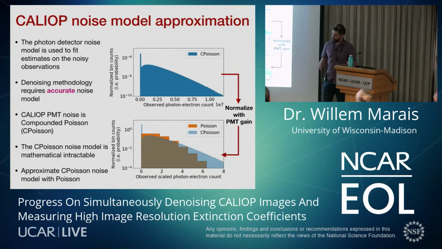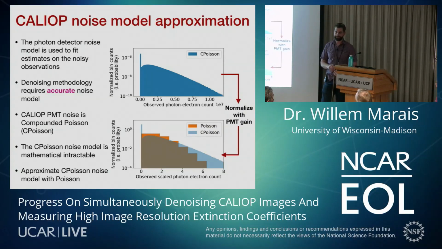CALIOP has compounded Poisson noise, and we approximated it as Poisson noise by appropriately scaling the observations. So what ends up happening is that if you scale the output of the PMT, the error function that you derive from the noise model for compounded noise is very similar to the Poisson error function. But all the results you saw for the simulated CALIOP are all compounded Poisson noise.